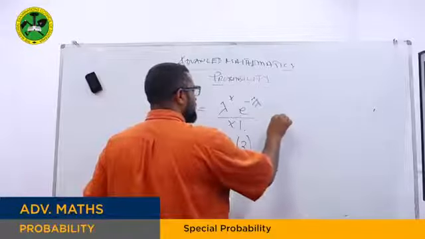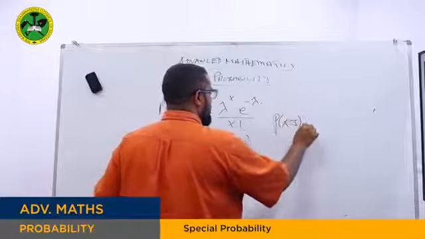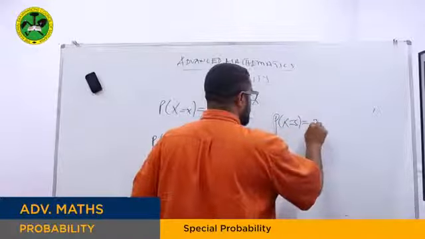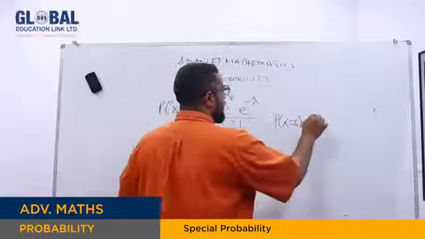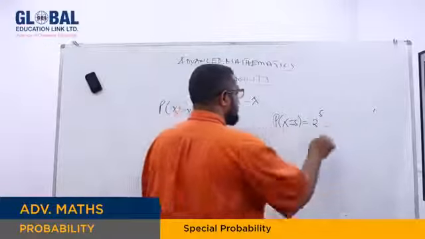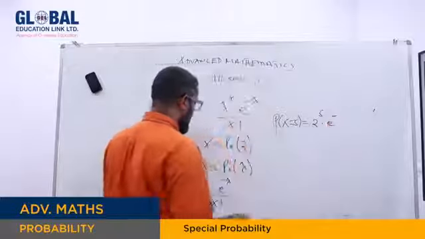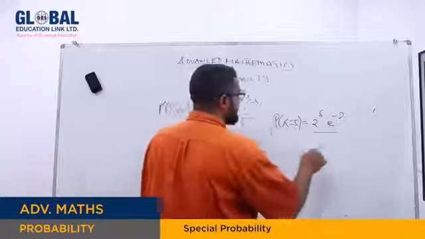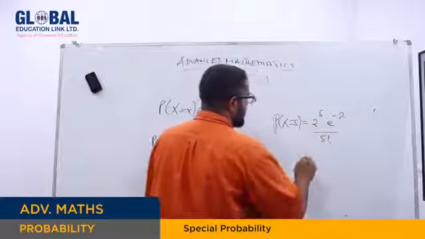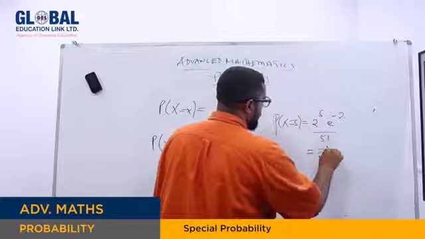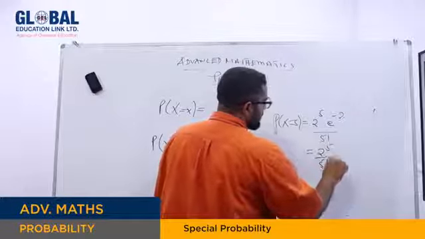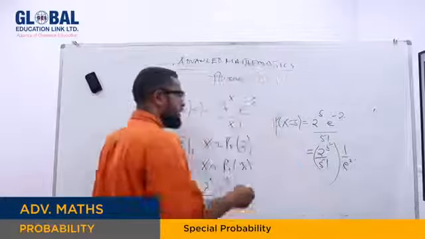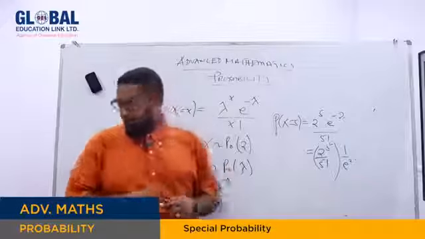So probability of x equal to 5 will be equal to 2 to the power of 5, times e to the power of negative 2, divided by 5 factorial. So you can simplify and write it 2 to power 5 over 5 factorial, then times 1 over e square. From there, use your calculator, simplify.